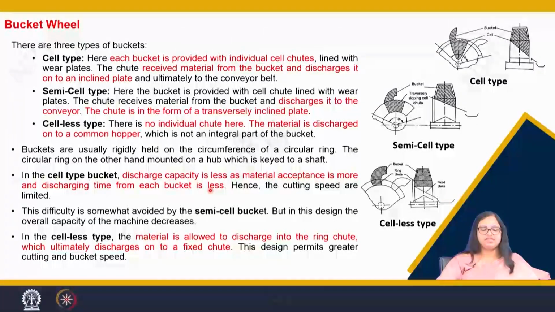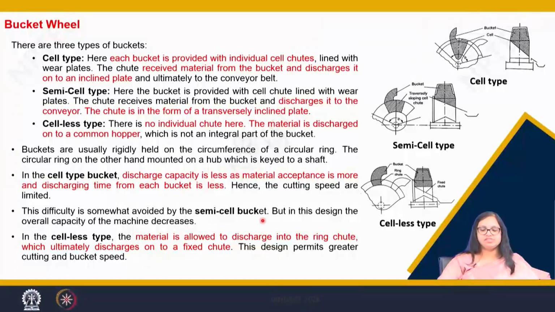So in cell type, the discharge capacity is less as material acceptance is more, and discharging time from the bucket is also less. Hence the cutting speed is limited. As I said, if we move it at a faster speed, it may not be able to discharge completely.